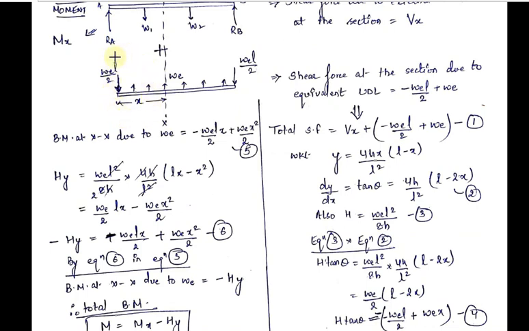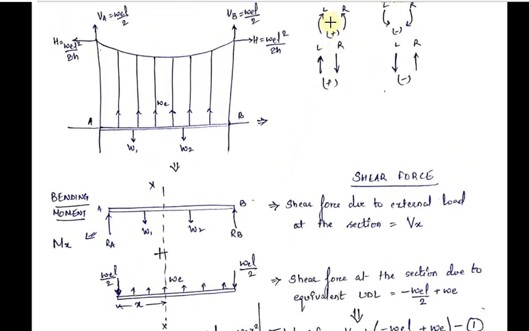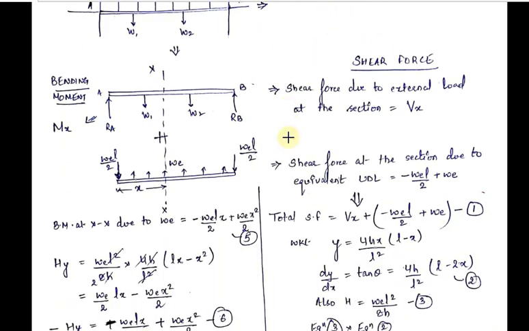Now in the second part, let's come back to the sign convention. If the left moment is clockwise, it is positive. If the left moment is anti-clockwise, it is negative. So if you see wL by 2, this force will produce an anti-clockwise bending moment about this section. So if the moment is anti-clockwise, it is minus.